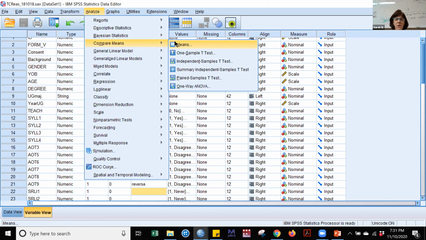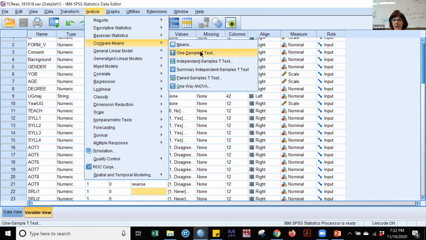So the z-test you've done, the one sample t-test you've hand calculated, the independent samples t-test you've hand calculated. This isn't really anything. It's redundant with other things. The paired samples t-test you've been introduced to, and the one-way ANOVA comes at the end of the term. So this whole menu is kind of where we're living in this semester.